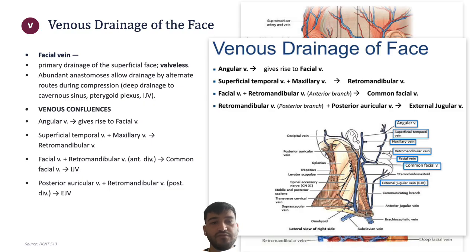And then we have the superficial temporal, which joins with the maxillary and then gives us the retromandibular. And then we also have the facial joining the retromandibular. So these two come together in the anterior branch to give us the common facial. And then the retromandibular posterior branch joins with the posterior auricular and then goes into the external jugular vein.